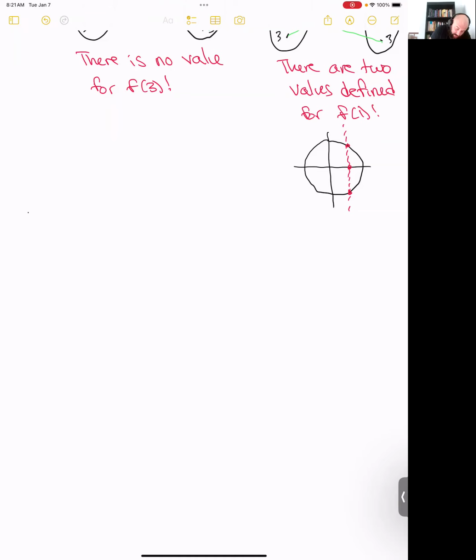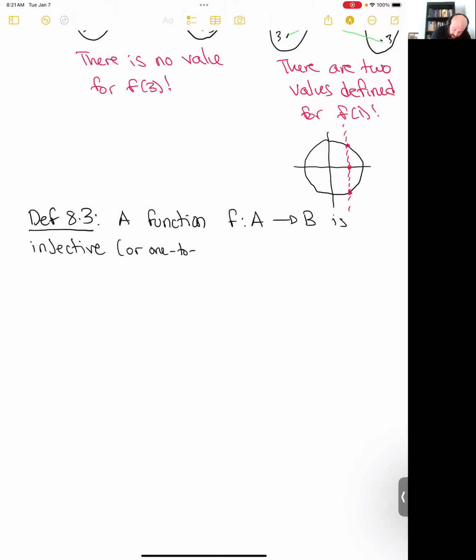So the first one is we're going to study injective functions. So a function from A to B is injective, or 1 to 1 is what we often say, which is the more informal but common thing to say, if the image of 2 different values is the same, then that implies that actually the values in the domain must have been the same.